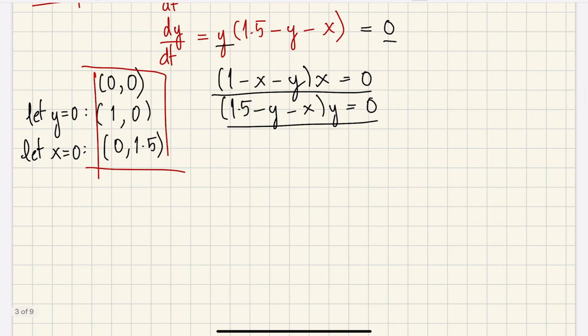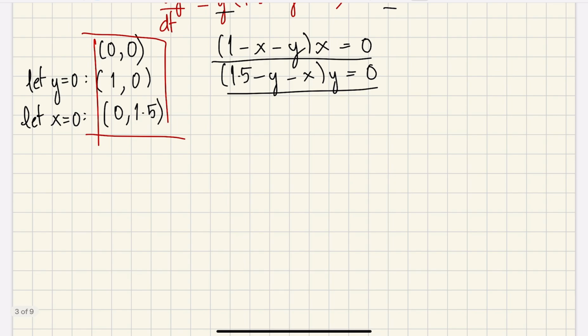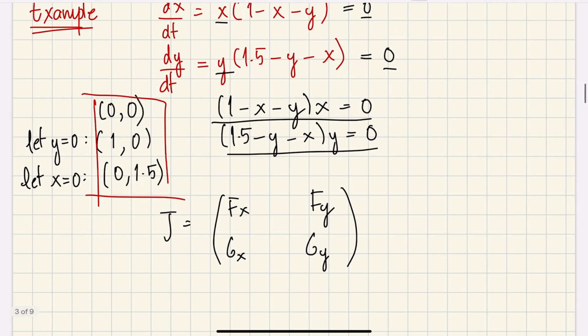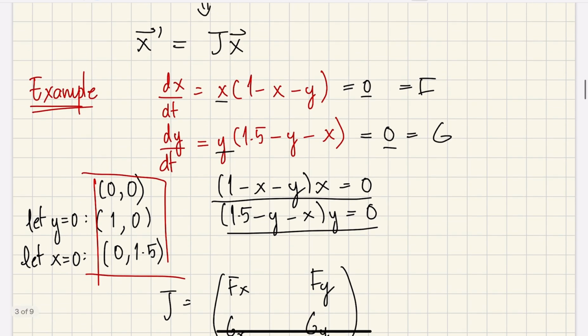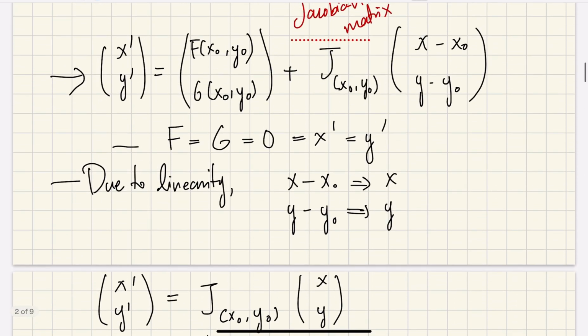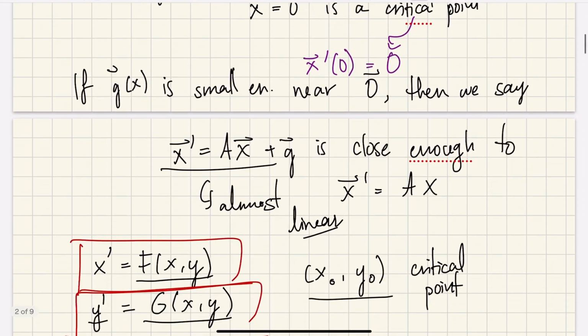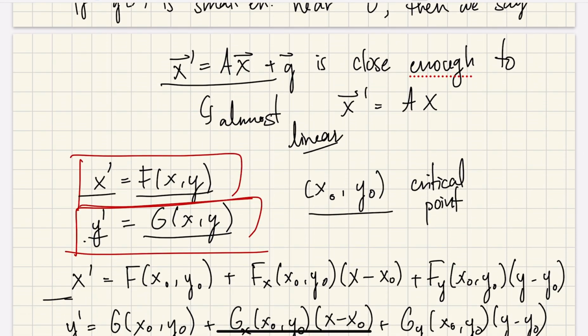Next, what we're going to do is we are going to write our Jacobian. We said our Jacobian was f x, f y, g of x, and g of y. So this is also our f and also our g. Remember, x prime is what we defined as f and g.